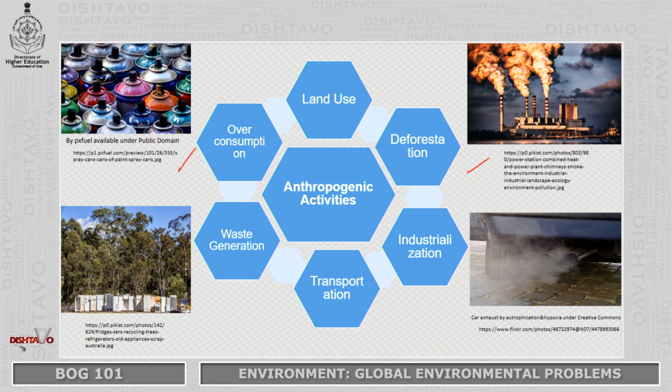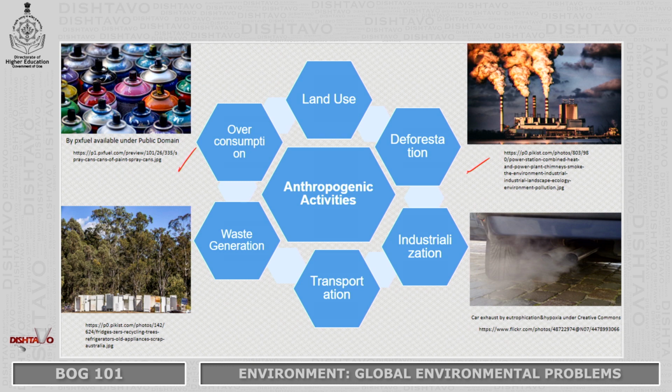We give out carbon monoxide, carbon dioxide, methane, and all these activities that we do, which we have already seen in the previous module, are affecting the atmosphere, and in a special way the stratosphere, the ozone layer which protects us from ultraviolet rays.